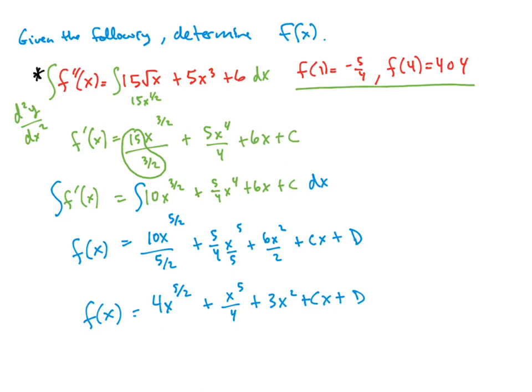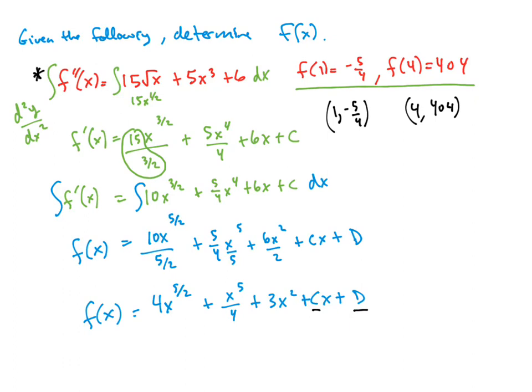So now that we have our function, we're going to use these 2 points: 1 comma negative 5/4 and 4 comma 404, to ultimately solve for c and d here.